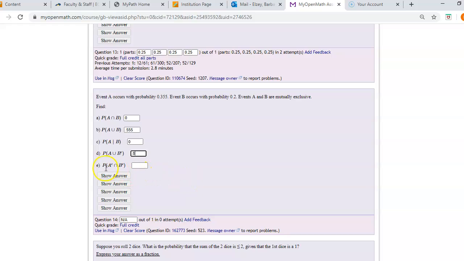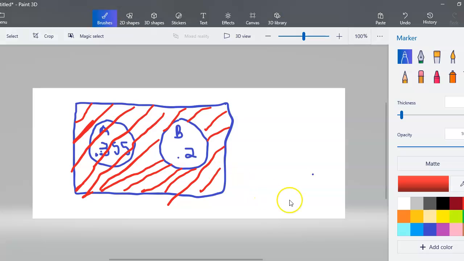All right, now let's find the probability of A complement intersected with B complement. Let's draw A complement first. So going back to my picture, I'll use a different color. I'll use green. All right, and A complement will be everything outside of A. So I'm going to just make it green.